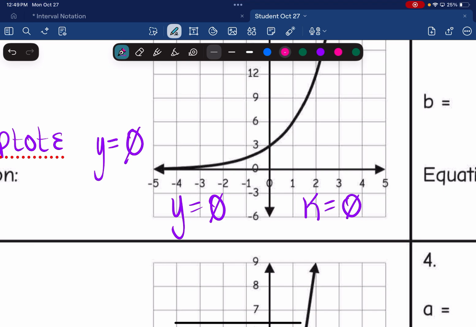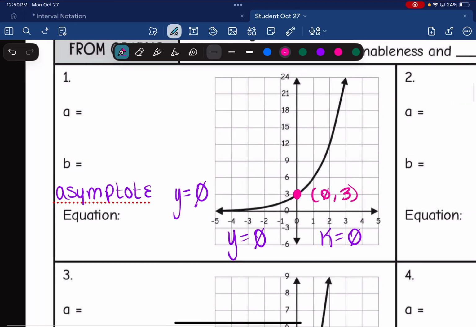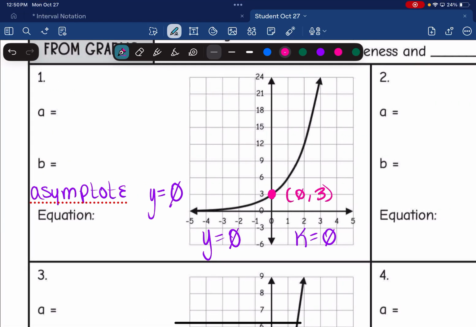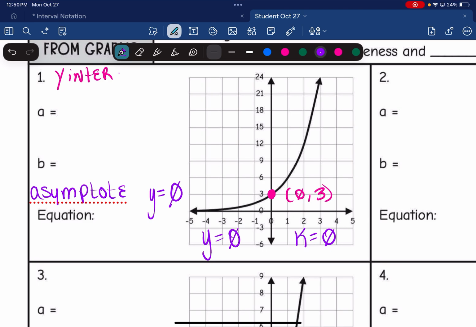I want to know what my y-intercept is. So that's 0 and 3. Now, I need us to understand that if I have my asymptote and my y-intercept, I'm going to subtract my asymptote from my y-intercept.